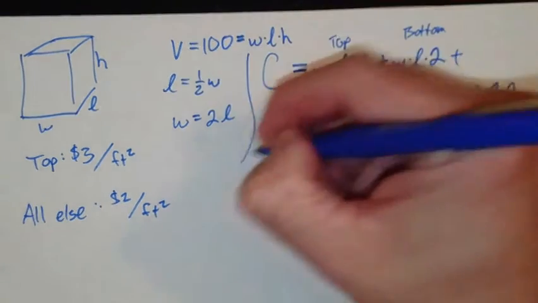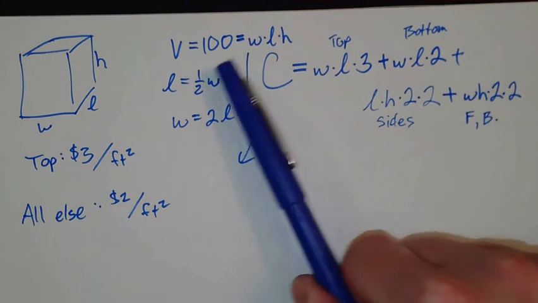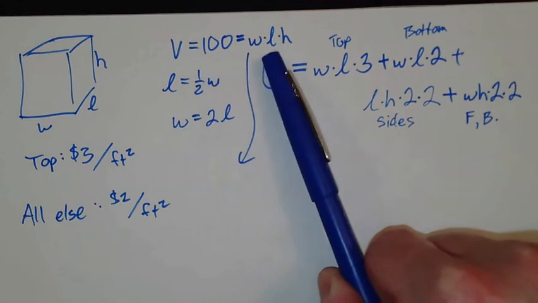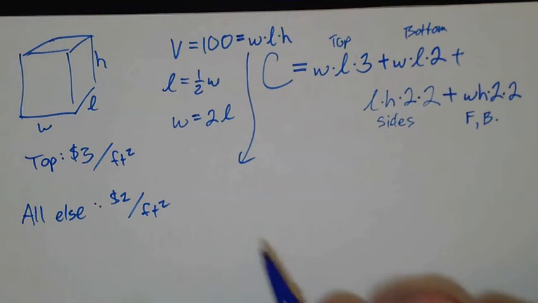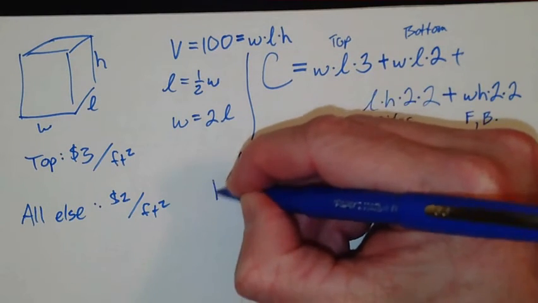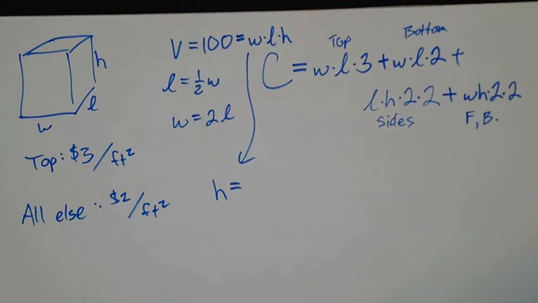So I'm going to take this equation and say if the volume 100 is length times width times height, that means, and frankly, I'm going to be a little bit clever about this and say the height in terms of the other two variables.